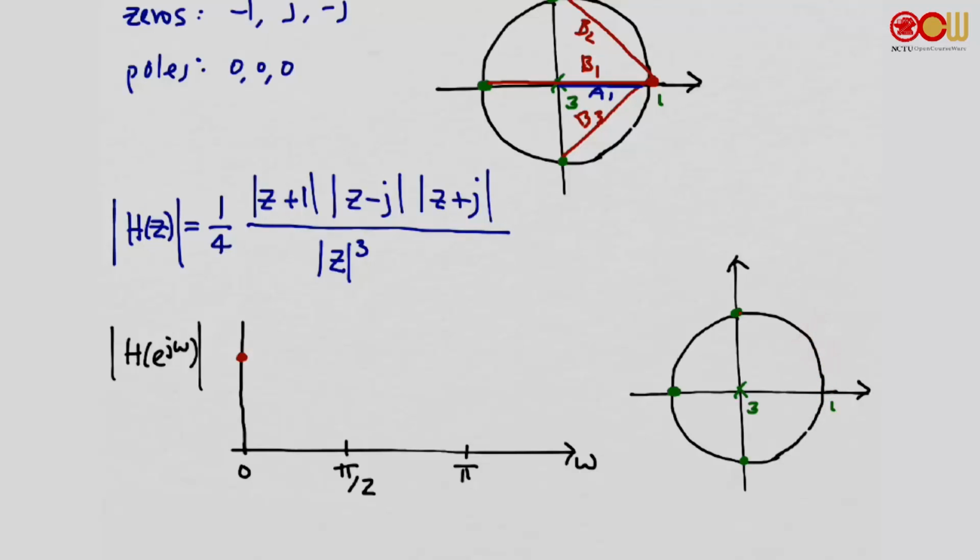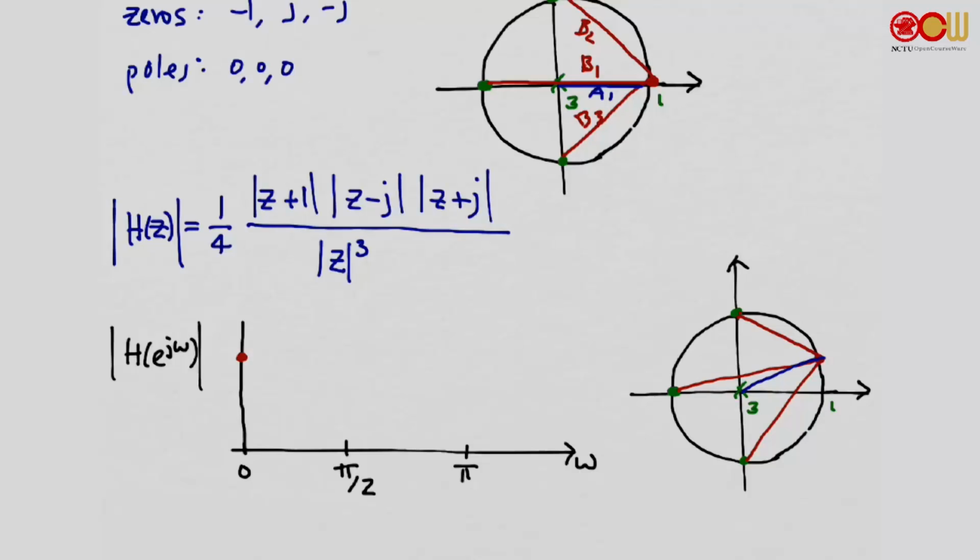Now suppose we are moving away from the DC frequency towards 2 pi. Suppose this is the point at which we want to know the magnitude response. Again, we compute the distance to all the zeros. Now it's this one, and this one. We take the product and divide by the distance to the poles. Again, the distance to the pole is equal to 1 in this case, so it doesn't make a difference. We only need to concern ourselves with the product of the zeros.